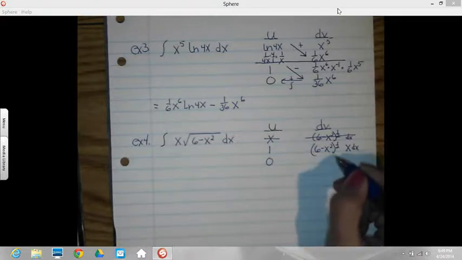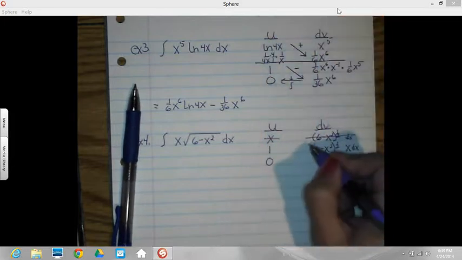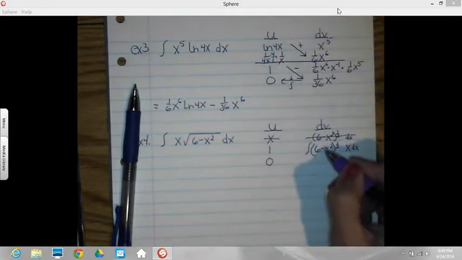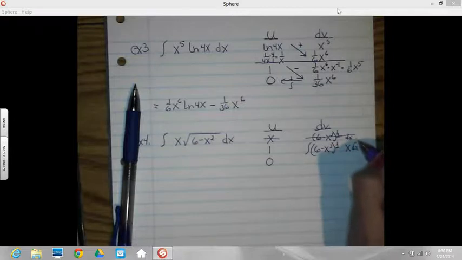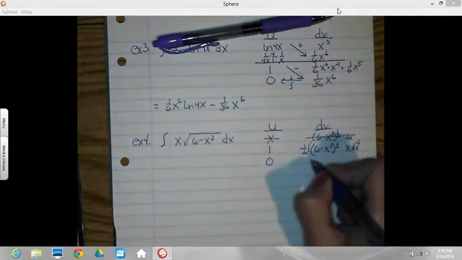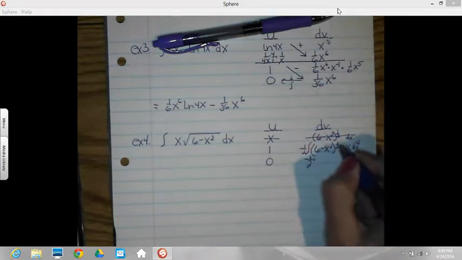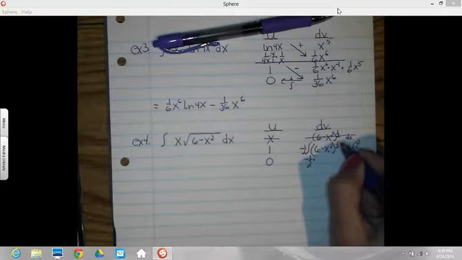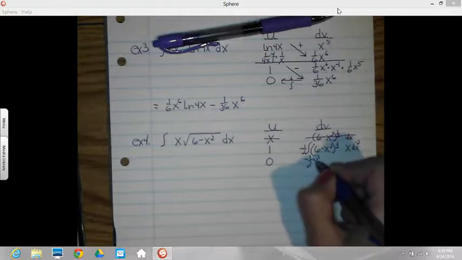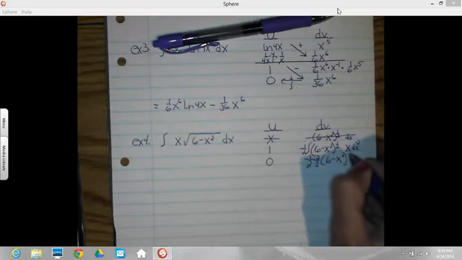Now when I integrate this, I still said I needed the -2 times the x, so I still need a -2 here, so I need a -1/2. -1/2 times, I'm going to add 1 here, that's going to give me 3/2, so I'm going to times by 2/3. 6 minus x squared to the 3/2.